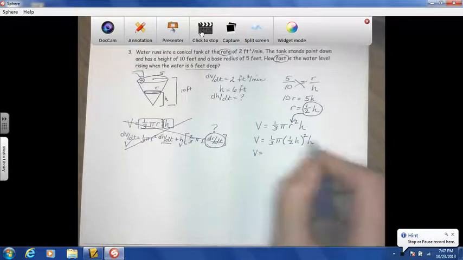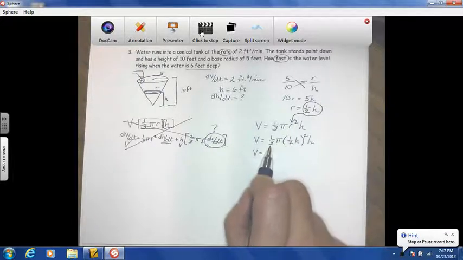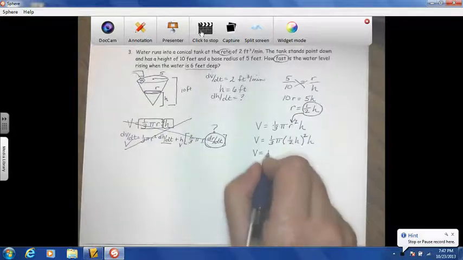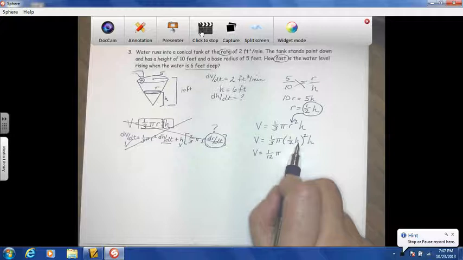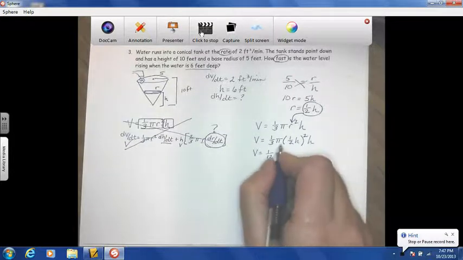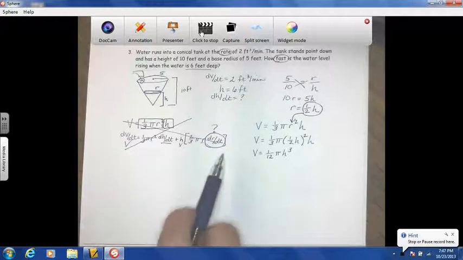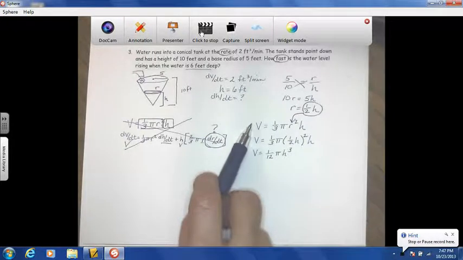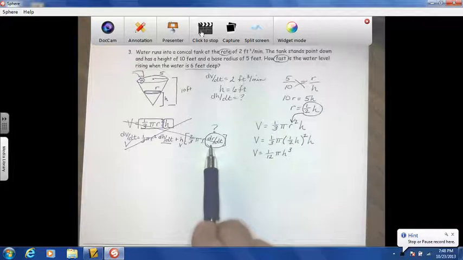So V equals, when we square 1/2 h, make sure both of those get squared. 1/2 squared is 1/4. 1/4 times the 1/3 right here gives me 1/12 pi h squared times another h is h cubed. So what we've done is we've actually taken the formula for the volume of our cone and substituted the radius out of the formula so that we no longer generate a dr/dt.